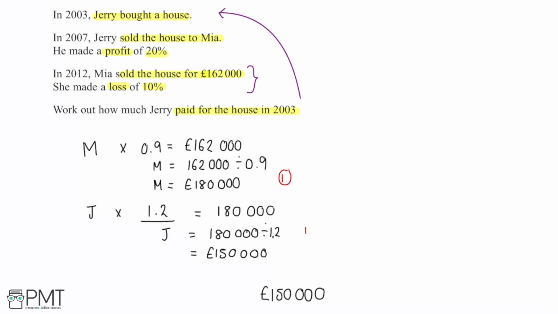So the line here, 180,000 divided by 1.2. Alternatively, if you had got the first part wrong, so if you hadn't found this value of 180,000, just by using the value and dividing it by 1.2, you would pick up a mark here. And then the answer mark for this question is for the correct final answer of £150,000.